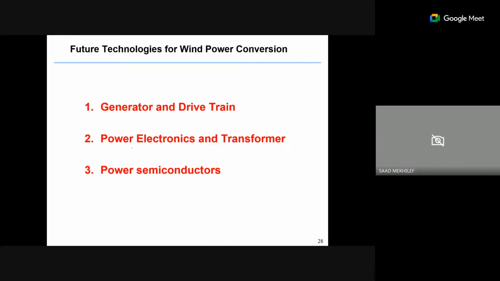We will look first into the future generation in terms of generators and the drivetrain, where the future will be leading, and then we will look into the power electronics.